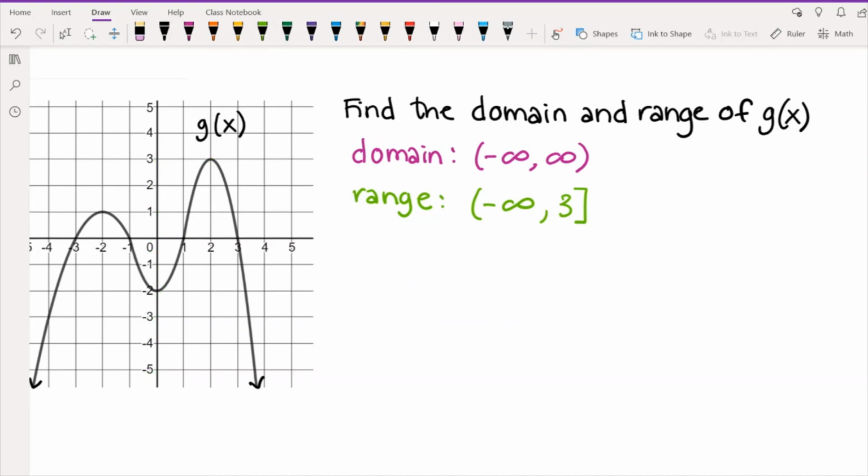Okay, so now we're going to solve a couple of inequalities. This is going to look a little bit different from the last one, but it's pretty much equivalent. So let's start by solving f of x is less than or equal to 0. What's different about this compared to the last one?